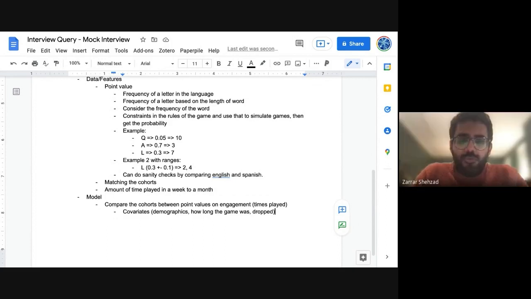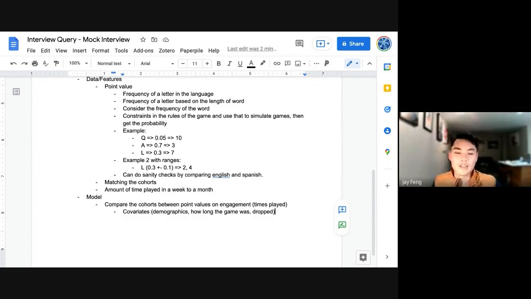What do you think? So how would you normalize these different variables, like times played, or, I guess you mentioned, the kinds of letters you get drawn? Yeah. If we're looking at just times played, then it might be tough to isolate just the point value differentiations in these games versus other factors that might be at play, like engagement with Scrabble itself as a game, or other rules that could be coming up.